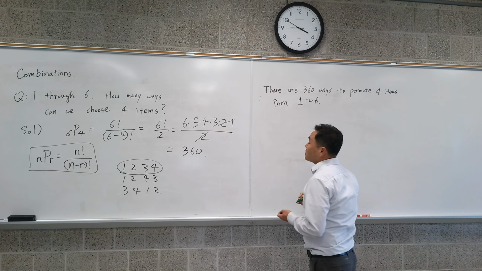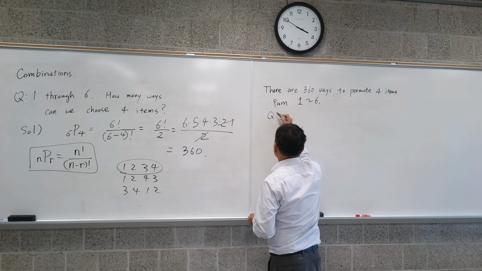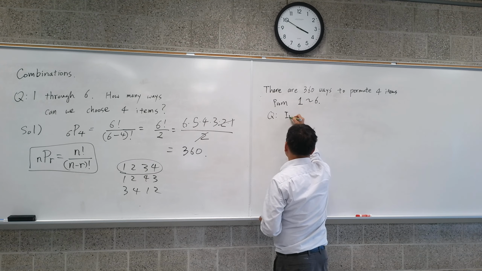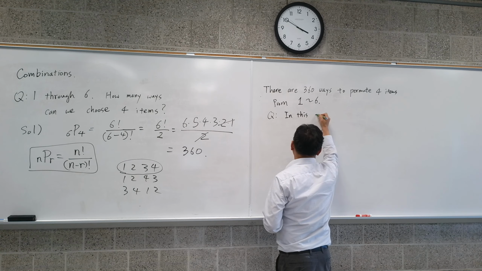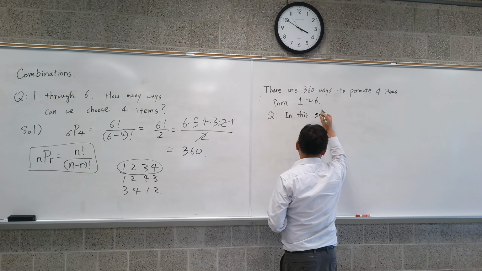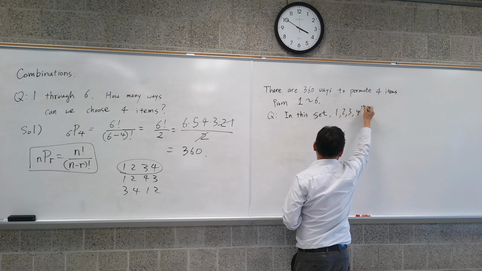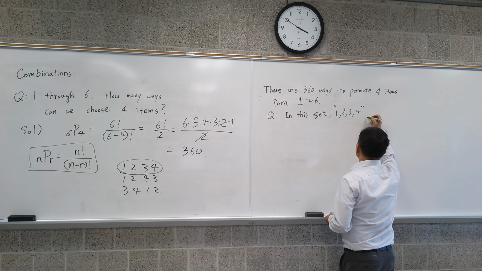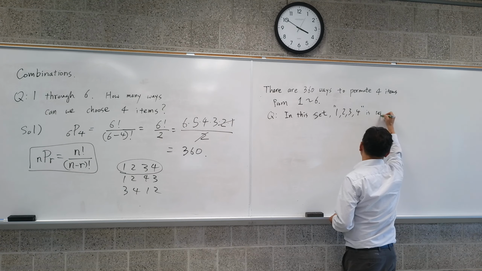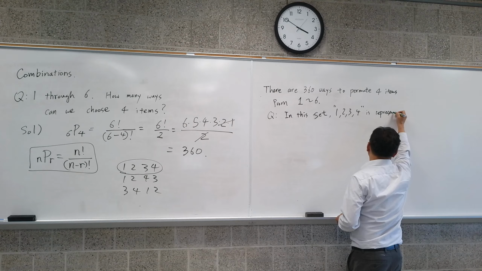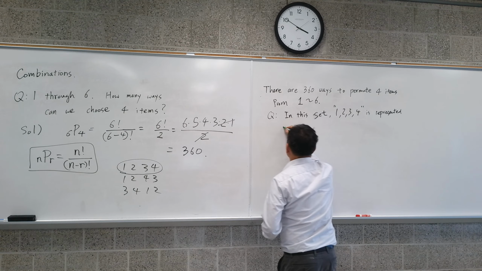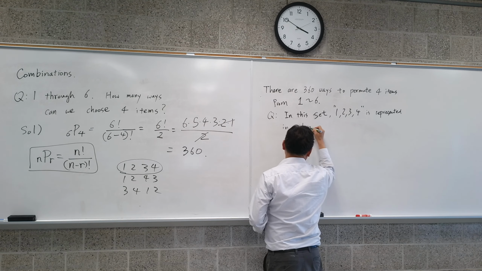Okay? Now, the question here is, in this set, 1, 2, 3, 4, this choice is represented in how many different ways?